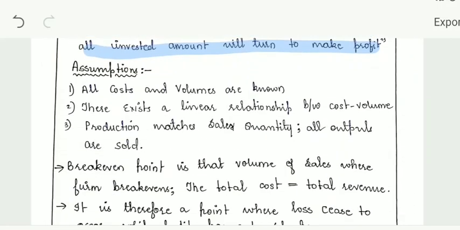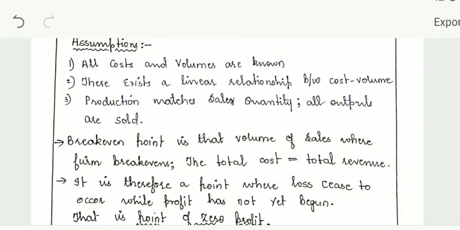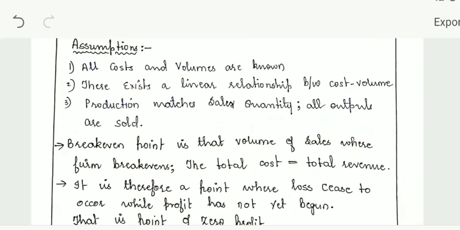Now there are a few assumptions which we should understand, or how exactly things happen. First one, all the cost and volume should be known. Now suppose for the fly ash brick itself, what are the costs that come up in the picture? First, you have to decide what the selling price will be.